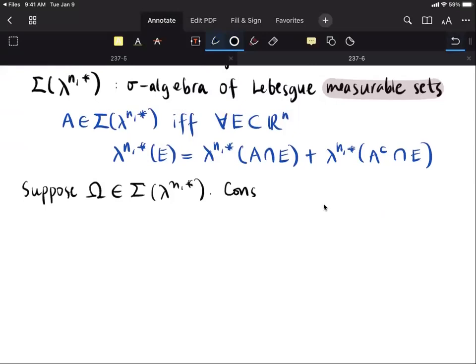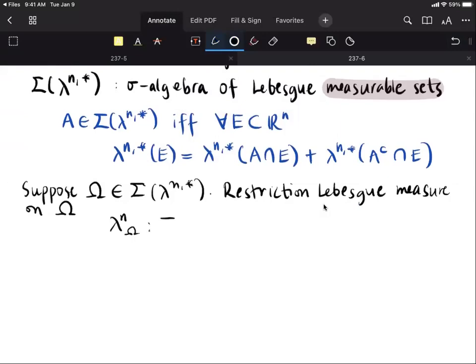Let us consider the restriction Lebesgue measure on omega to be the following: lambda_n restricted to omega.